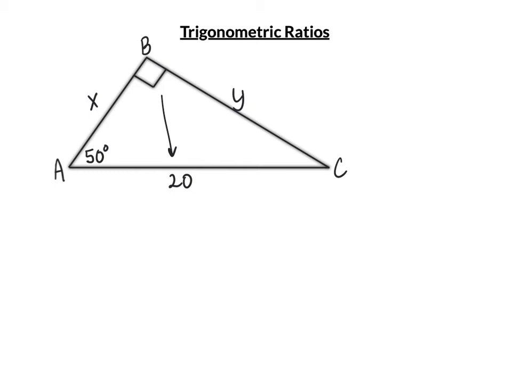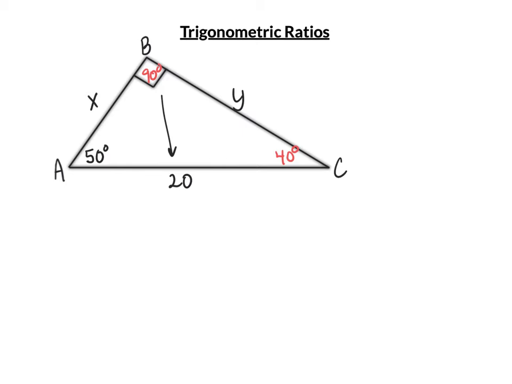First thing I want you to realize is that you can use either angle. I could use the 50 degrees as my point of reference, but if I wanted, I could find angle C and use it as my point of reference. I know that the top angle here is 90 degrees, and there's only 90 left to make 180, and 90 minus 50 is 40 degrees. Angle C is 40 degrees, and I could use that as my point of reference too.